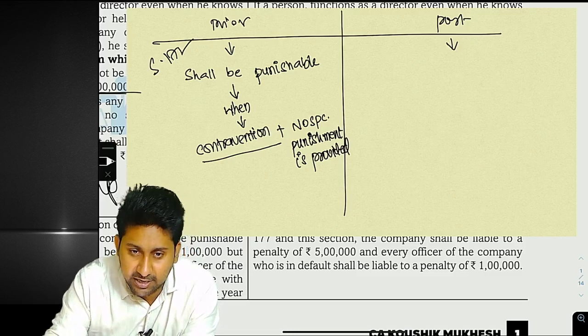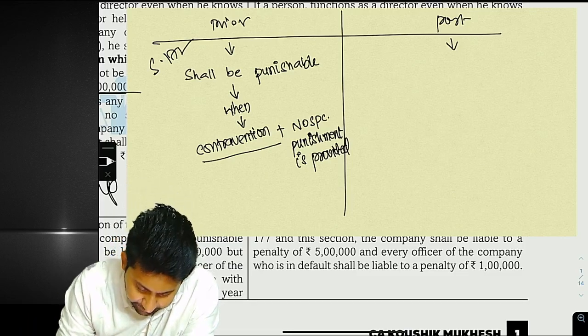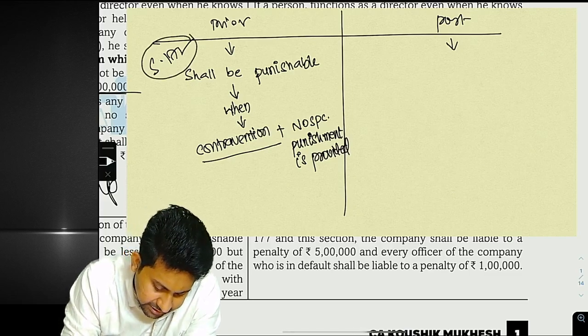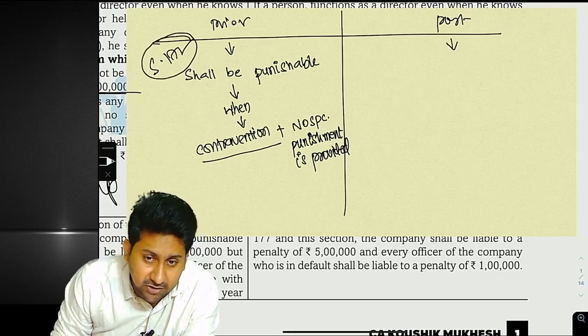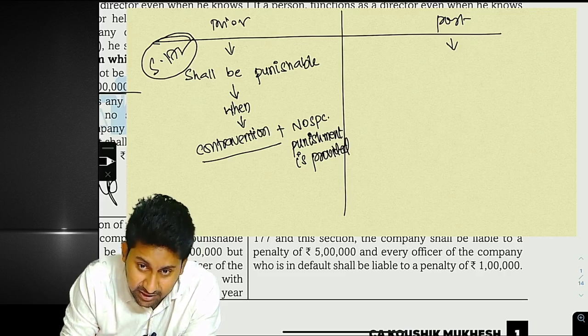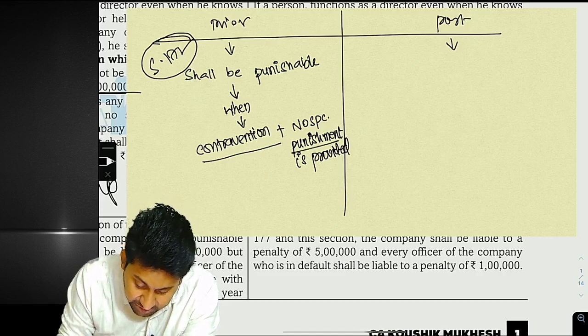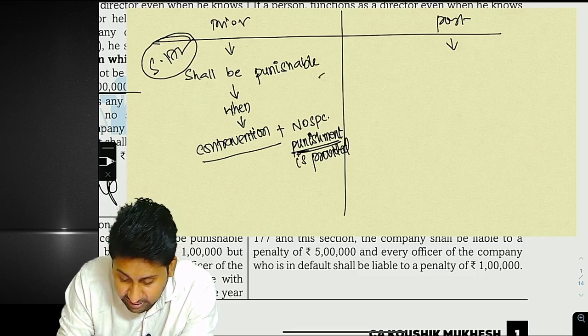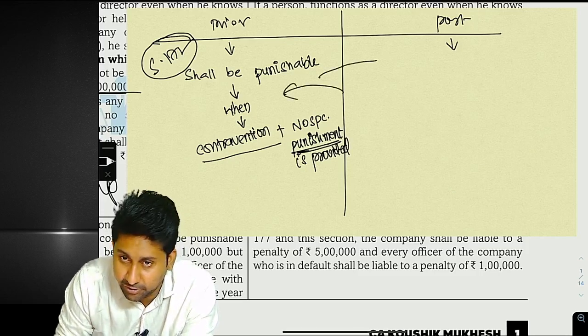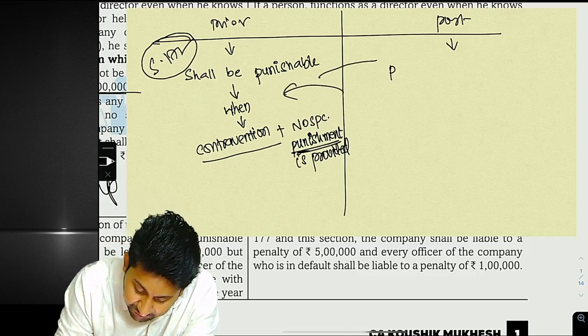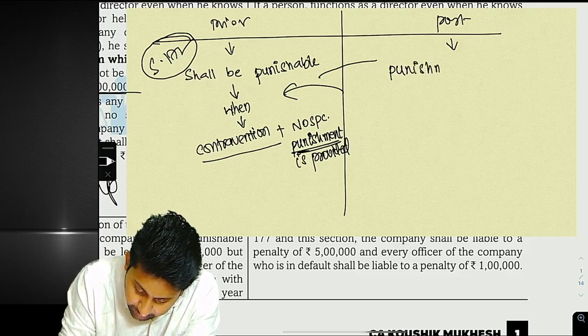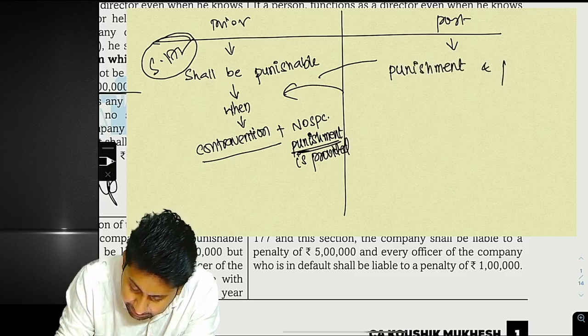But before understanding this, let me give you one point. Previously, prior to the 172 amendment, what they said was: if a section does not contain a punishment anywhere, then this particular section, 172, will get applied. There is a difference between punishment and penalty.